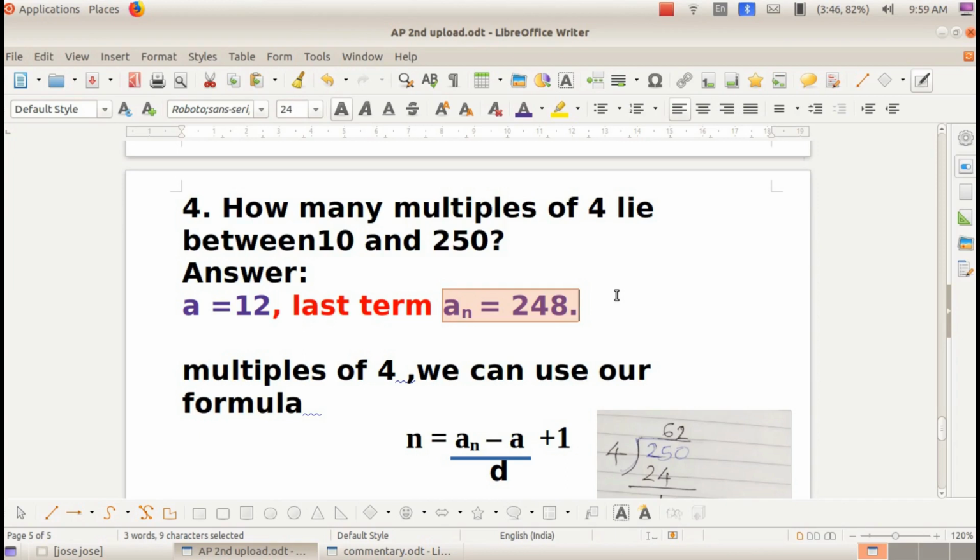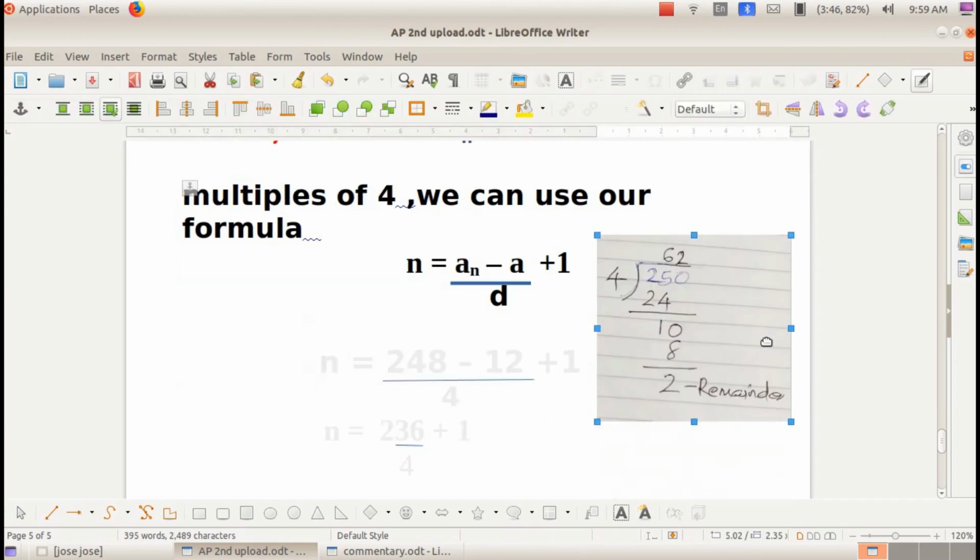When we divide 250 by 4, we get 2 as a remainder. That means 250 is not a multiple of 4. 250 minus this remainder is 248. Therefore, we can write the last term an is 248.